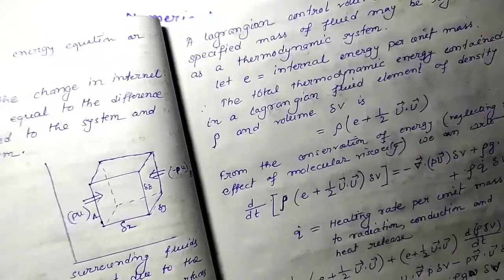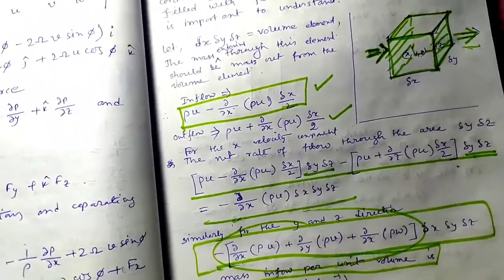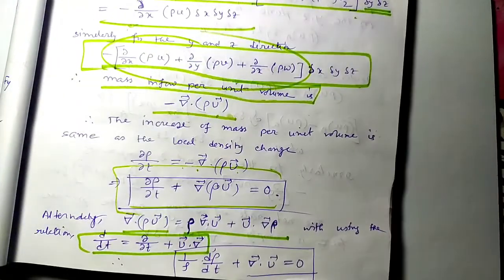So that was the continuity equation. As we have discussed, the final form is 1 by rho d rho by dt plus gradient of u equals 0. This is the equation of continuity.